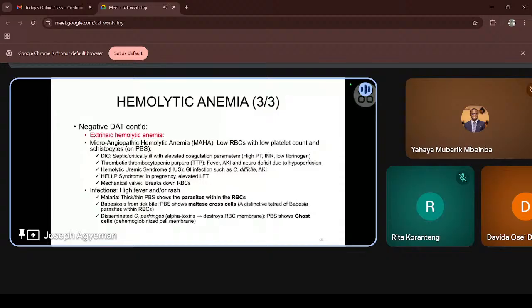You will see low RBCs with thrombocytopenia, and on peripheral blood smear under the microscope, you are going to see shattered red blood cells, as if they have been bombed.